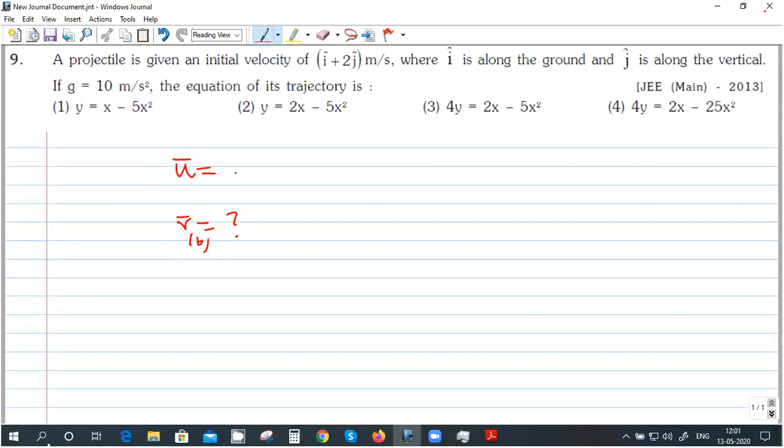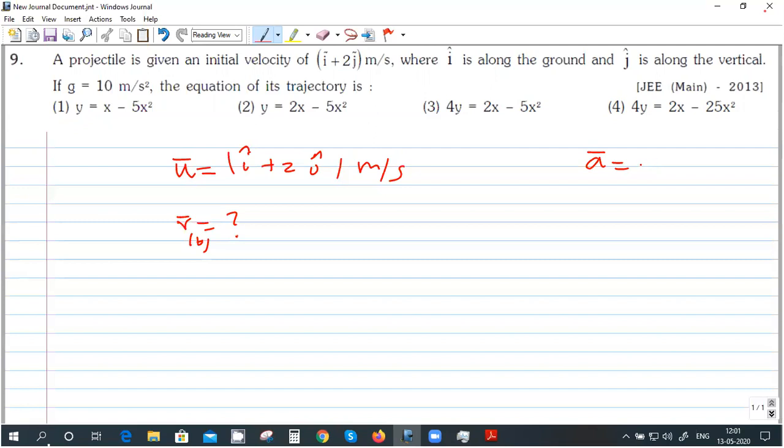Initial velocity is given, u is i plus 2 j cap meter per second, and acceleration is how much? What is acceleration?